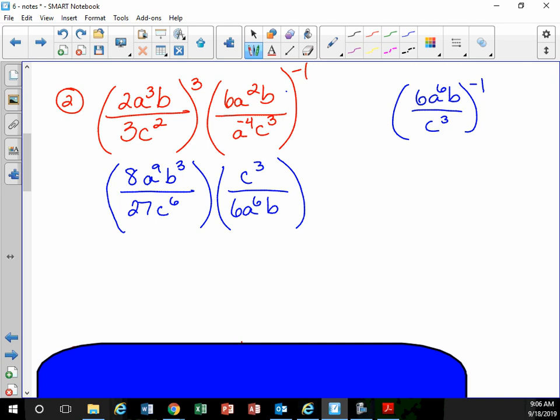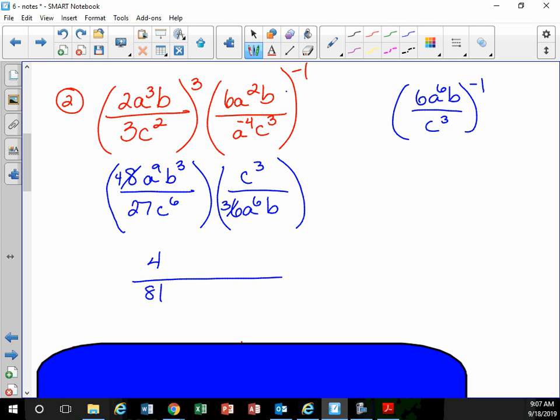What can I reduce right away out of 8, 27, and 6? 8 and 6, good. What's the 8 going to become? 4. What will the 6 become? 3. Okay, so I know that I have a 4 in the numerator, and what's 27 times 3? 81. Okay.